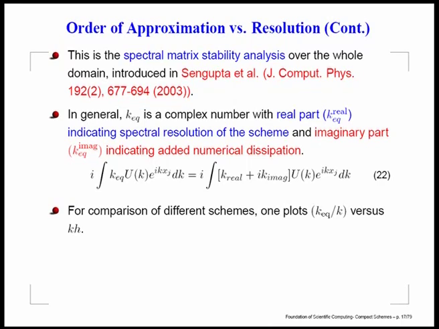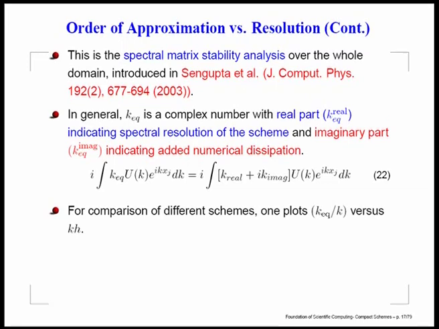Now the second point that you need to notice is that this k equivalent that you are obtaining is essentially a complex number, right, with a real part. The real part will be giving you what? So here also I would be writing some k equivalent. Okay.